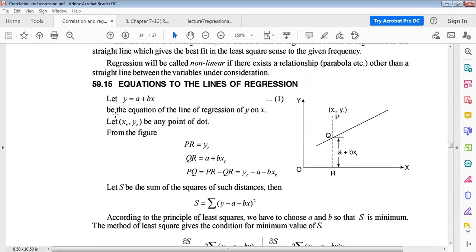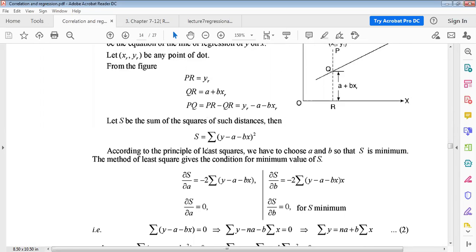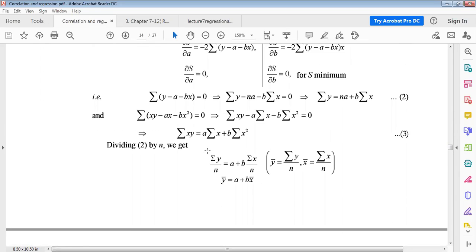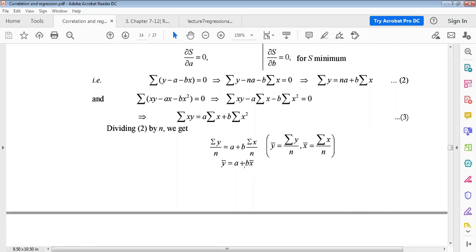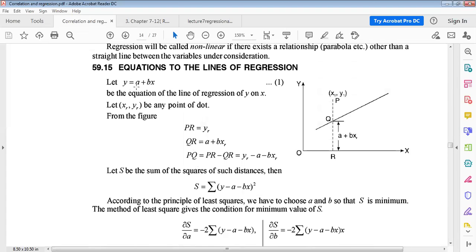This is y equals a plus bx. This is the constant term and b is the slope, right? We can draw this straight line using this. This is the linear regression, and we have y equals a plus bx. Y bar means mean. We can use this straight line for the mean also.